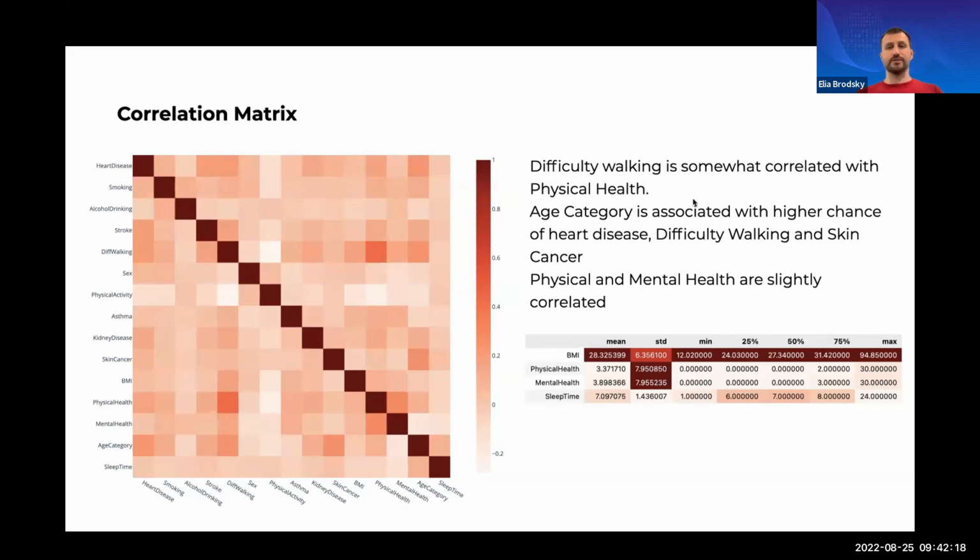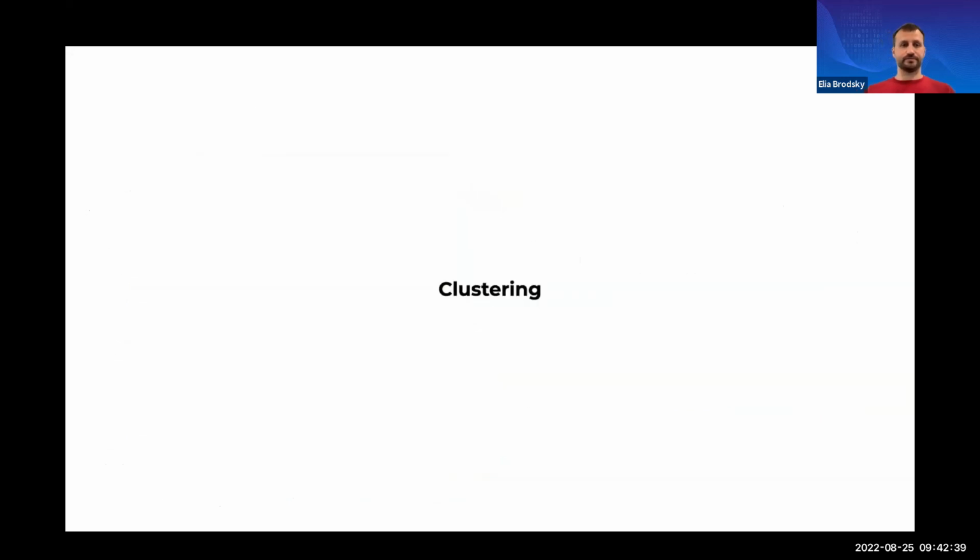So here you can see also age category is associated with higher chance of heart disease, difficulty of walking, and skin cancer. Interesting. Physical and mental health are slightly correlated, right? That means that for some people, physical and mental health are kind of going together, right? And so I think that is also expected.